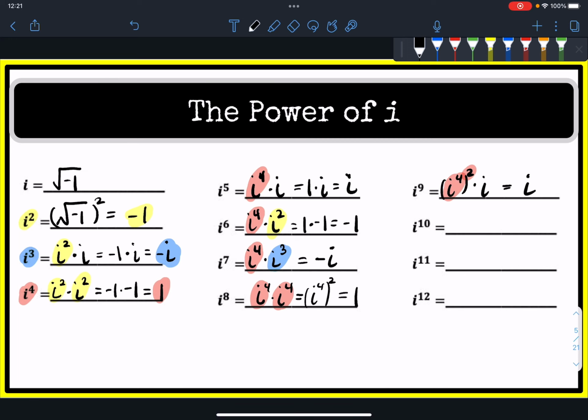And then again, the pattern simply continues, which is negative 1, i to the 4th to the second times i to the third. That adds up to 11, which is going to equal negative i. And then i to the 4th times i to the 4th, or basically i to the third power there.